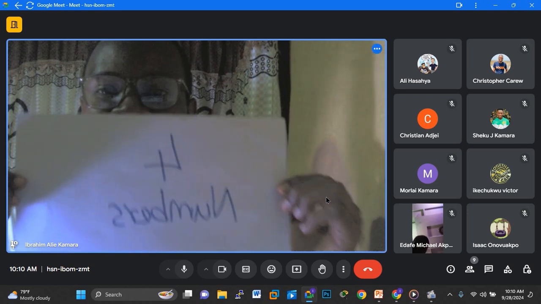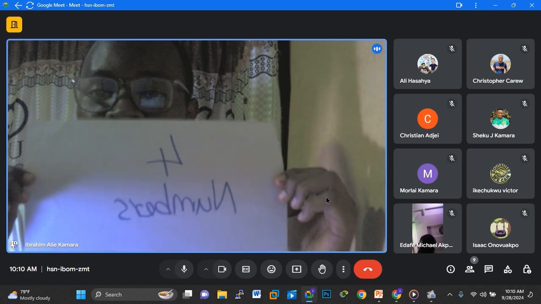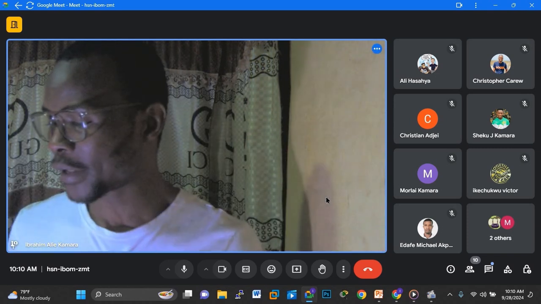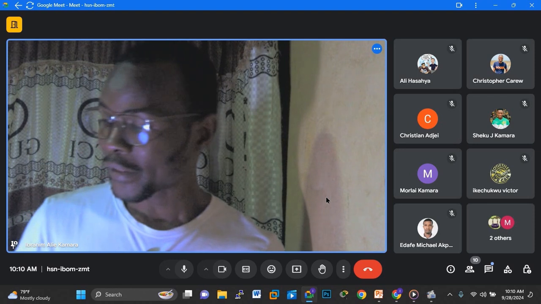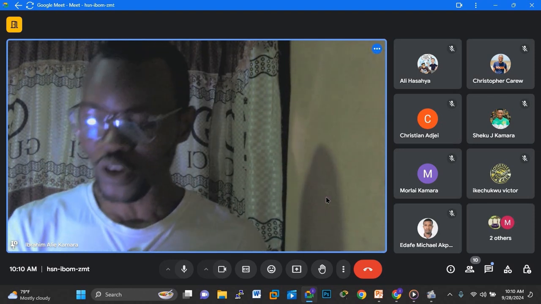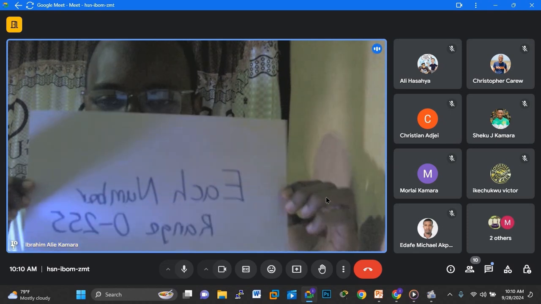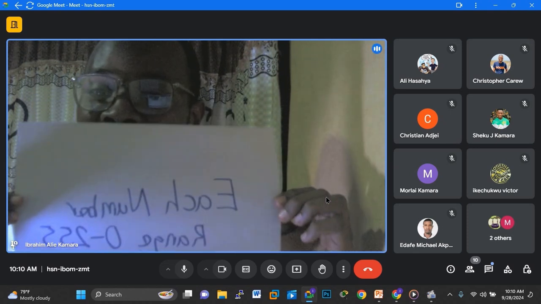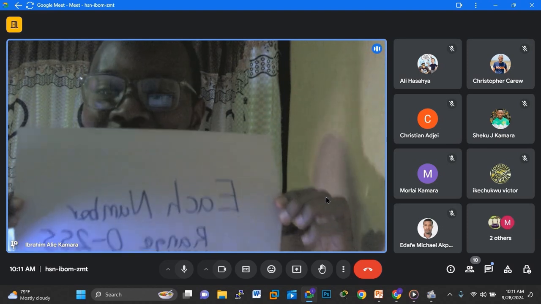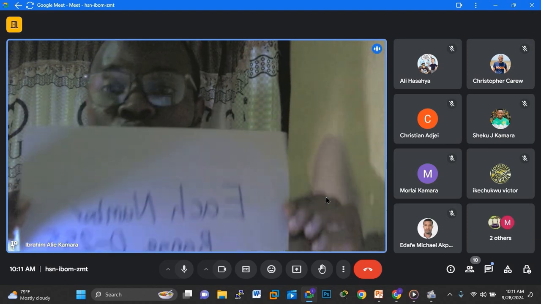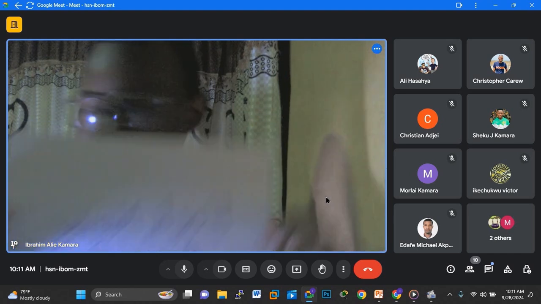When you are aware of this, you now know that it's a 4-digit number. The next thing is that these 4-digit numbers range from 0 to 255. Each digit ranges from 0 to 255.